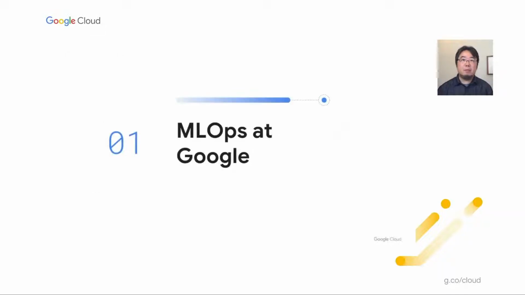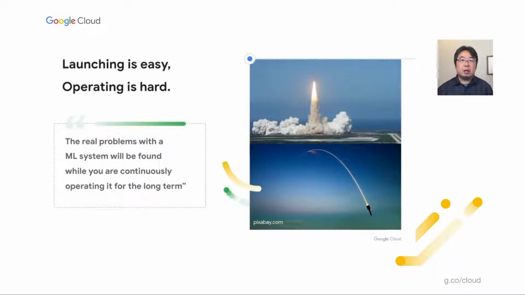So what is MLOps and how has Google been applying that? I started talking about MLOps back in 2018, when I heard this word from one of the long-time software engineers, machine learning engineers at Google. He has been designing and operating one of the largest machine learning production systems for around 10 years.